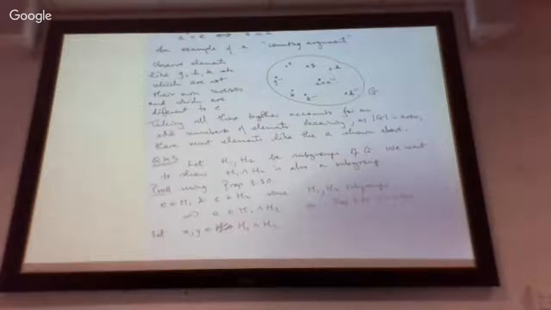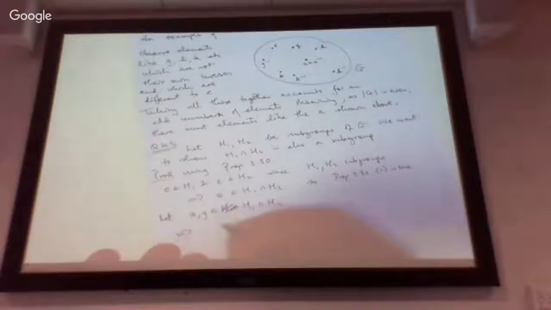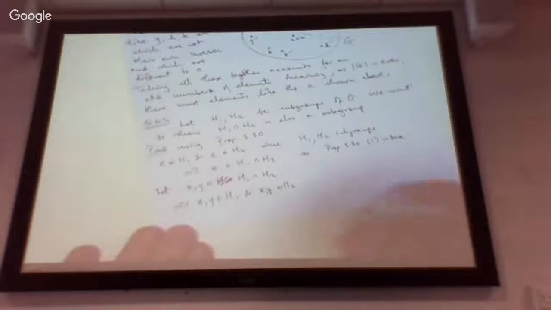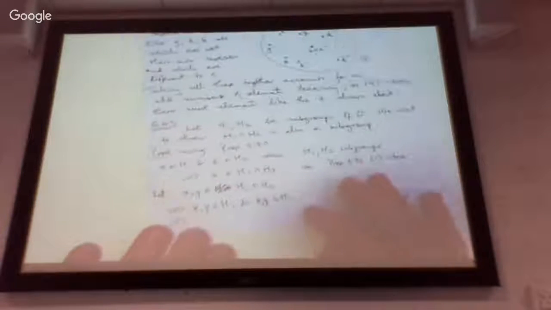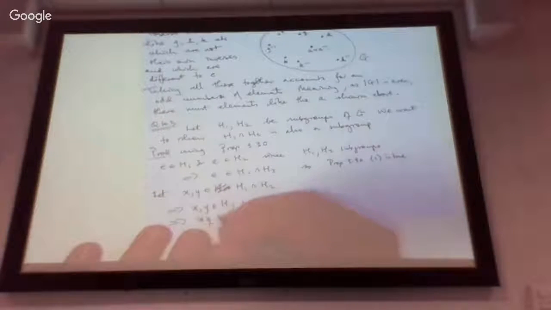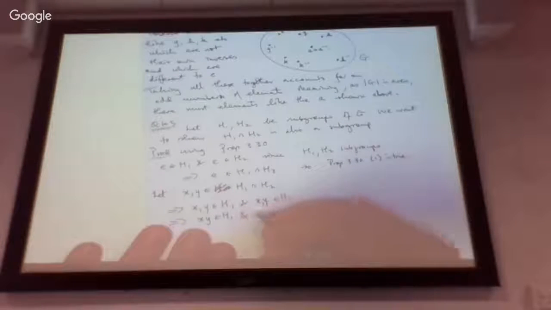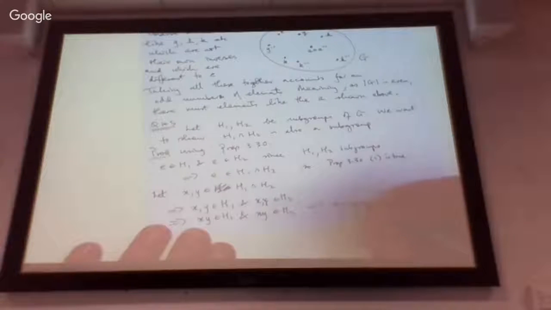I want to prove that their product xy is also in the intersection. But of course, if they're in the intersection, it means x and y are in H1 and x and y are in H2. And because those are subgroups, that implies that the product xy is in H1 and the product xy is in H2, which of course implies that xy is in the intersection.